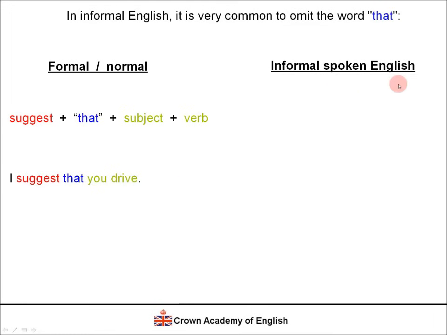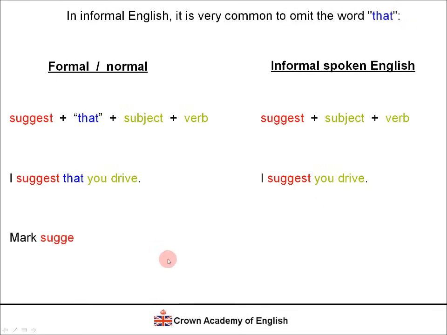But in informal spoken English, very often we omit the word that. So we have this structure usually: suggest plus subject plus verb. We don't use the word that in informal spoken English. So we can say, I suggest you drive. Okay? Another example, in more formal English, we say, Mark suggested that I called him.